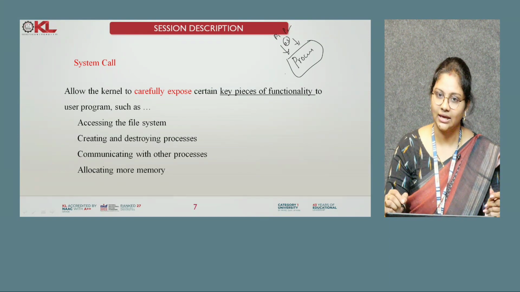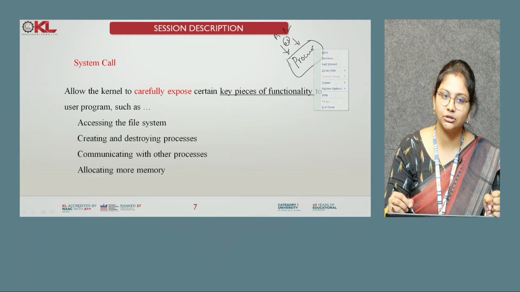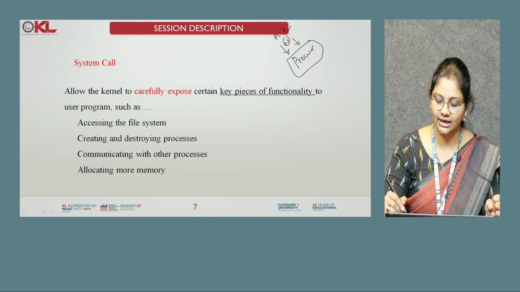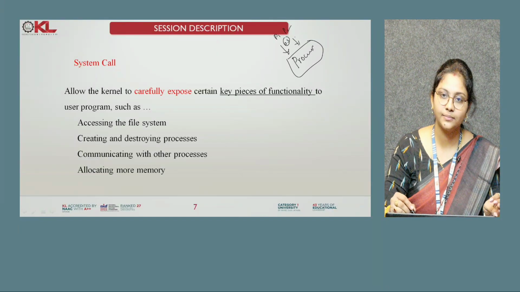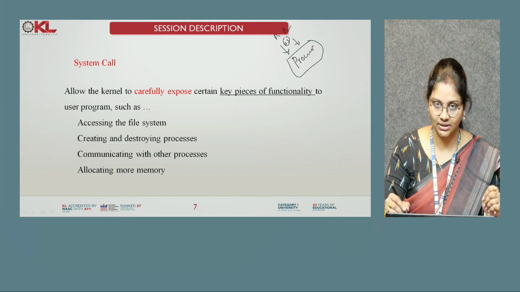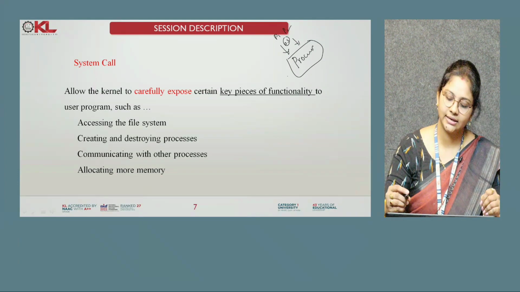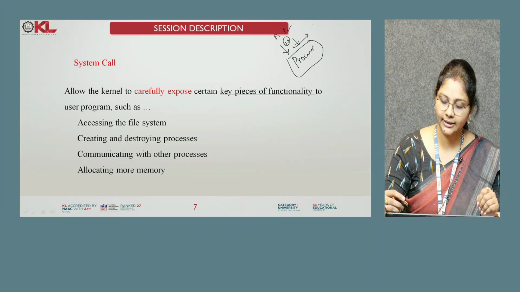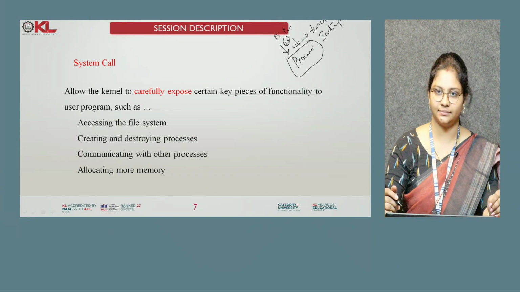But here, as we said, we are directly executing on the CPU, right? So in this case, the process itself has to move from one process to another process. In this concept, we will implement the timer interrupt.